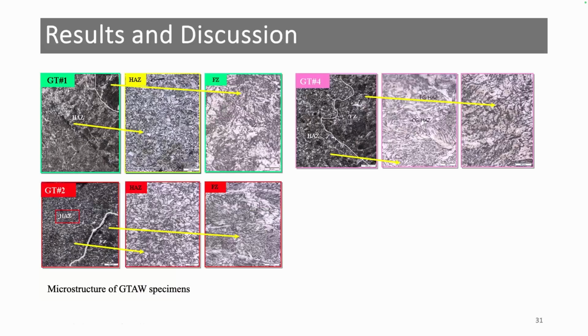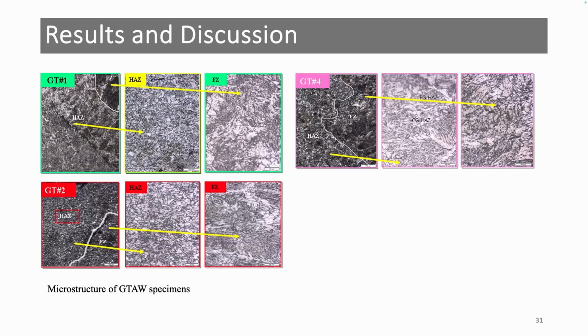Regarding the results for the GTAW welded joints, we found that in the fusion zone, with the heat input increase, there was some increase in the size of the grains. Furthermore, this also happened for the heat affected zone. Regarding the fusion zone, this is a basic study. We did not use EBSD.